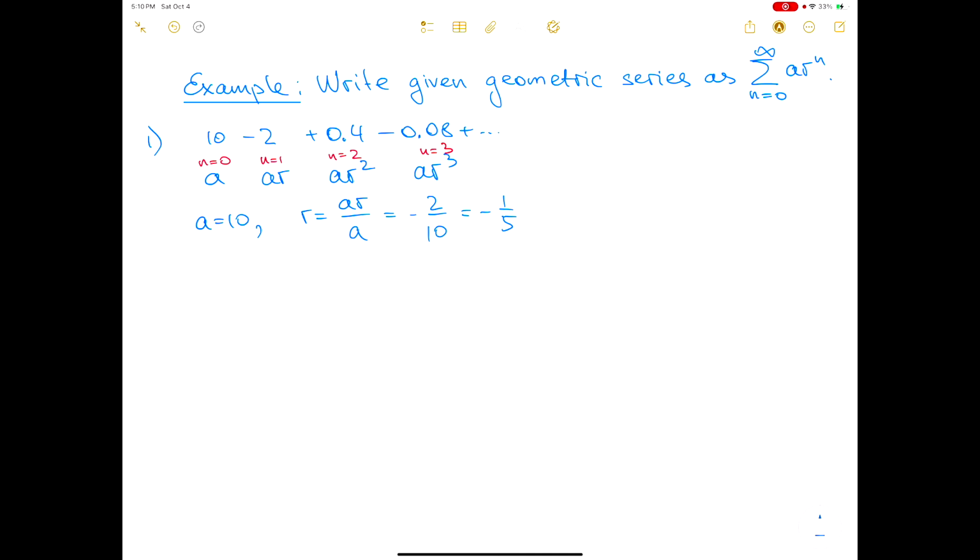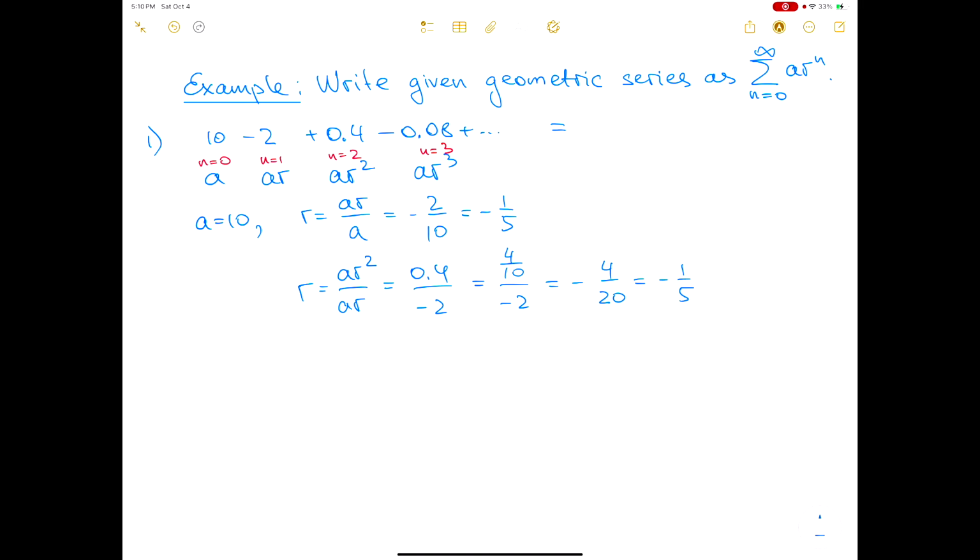We can confirm that the ratio of ar squared to ar, the following two terms, is also equal to the same constant r, because 0.4 divided by minus 2 is the same thing as 4/10 divided by negative 2, or minus 4 over 20, which is also equal to minus 1 over 5.